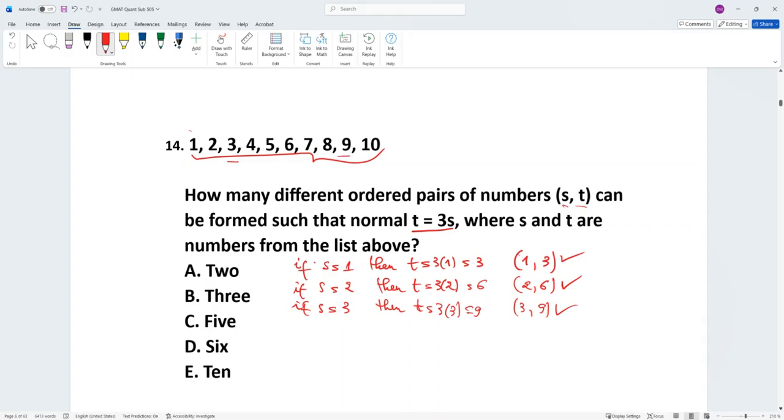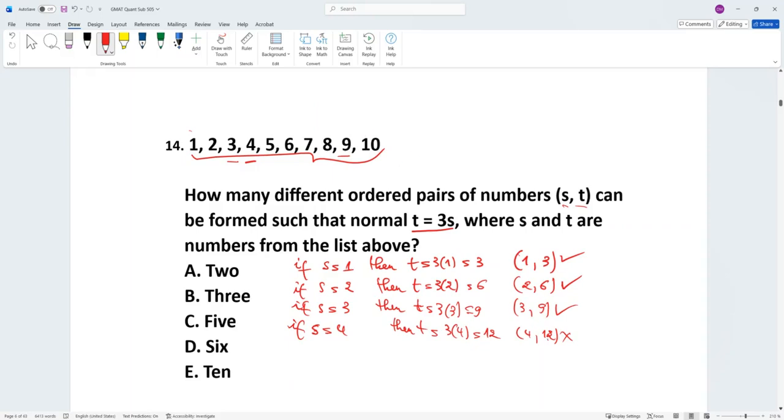Now if S is equal to 4, then T is equal to 3 times 4, which is 12. The pair 4, 12 will not work because even though 4 is in the list, 12 is not in the list.